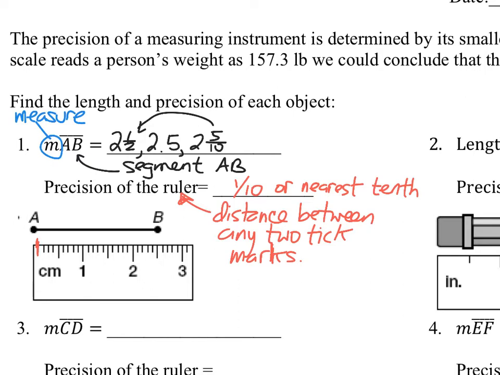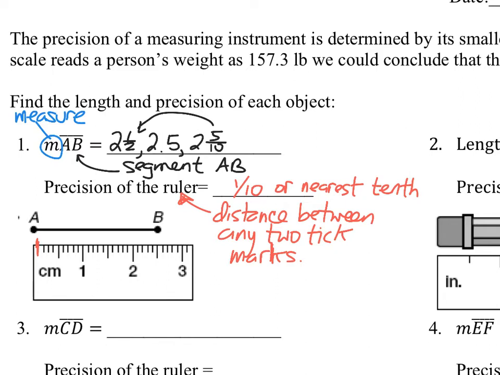You could go even further and say maybe it's in the space between the 2 tick marks. But where in that space? Directly in the center? I don't know. So what we do is go to the nearest tick mark, which in this case means we're going to the nearest tenth. So this is the basis of rounding. This is where it all comes from, just knowing what the precision is. Rounding and precision are the same thing.